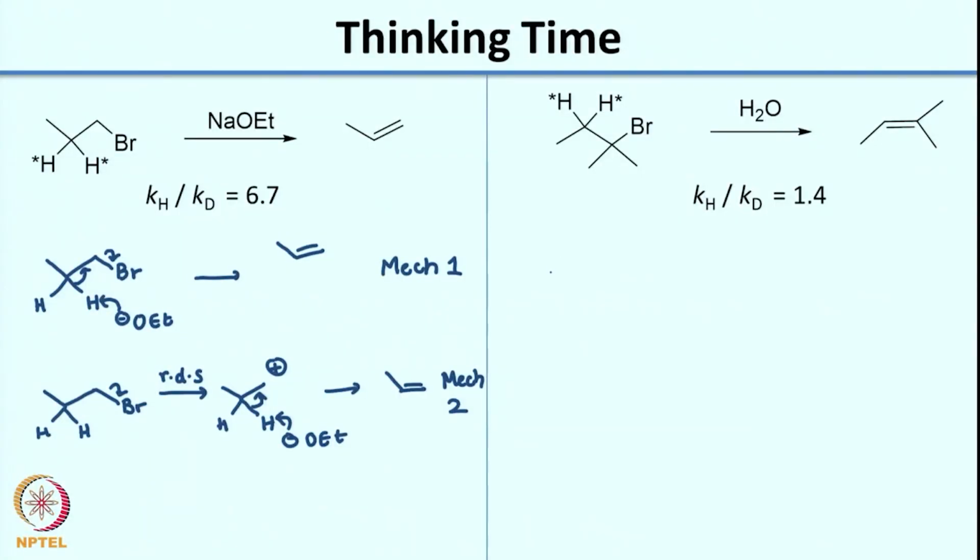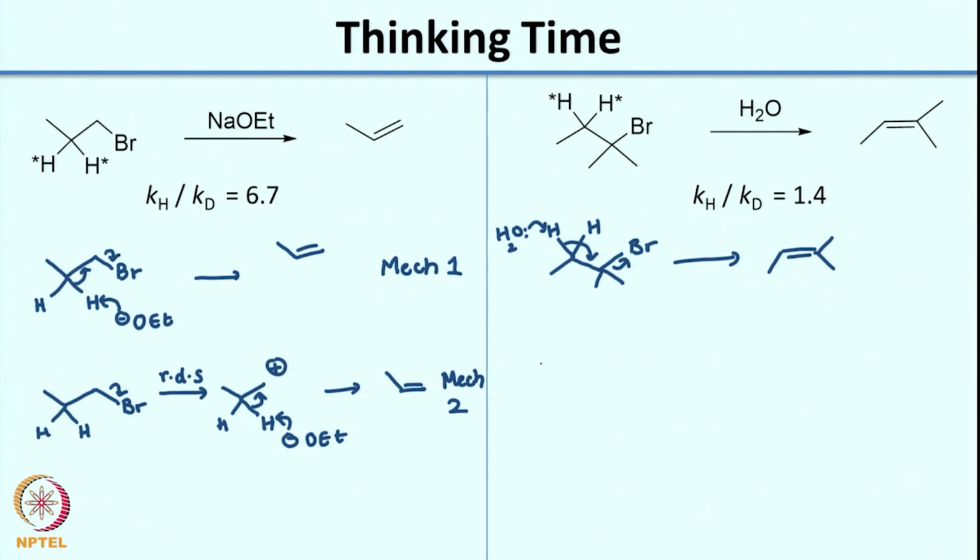In the second example again I can write a mechanism just like before. I do not have a base here. So if I think of a similar mechanism like before, it will give you the product.